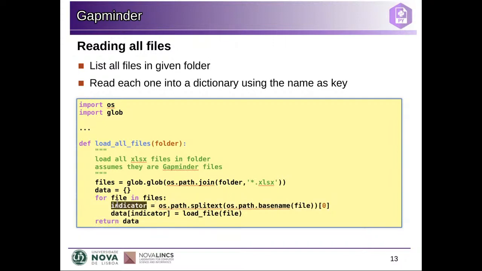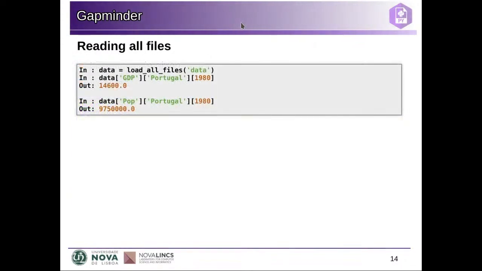So this is the name of our indicator, and in this dictionary, this will be the key, and the associated value will be the result of loading the file using the other function that we had implemented. So all this large dictionary with all the countries and all the years. And this allows us to automate loading all the data that we have in this folder.